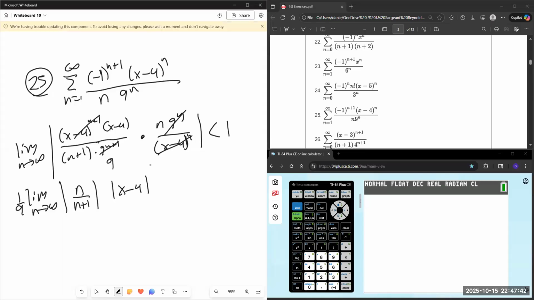So I have less than 1. That this limit here is 1. Absolute value of x minus 4 is less than 9.